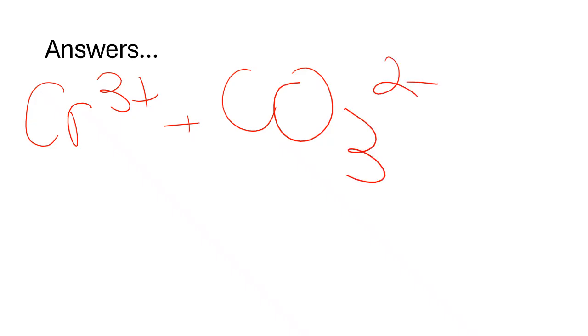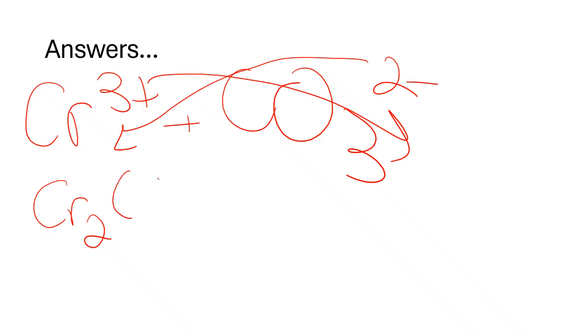This is pretty tough in the sense that these do not cancel each other out, so we need parentheses. This is going to be Cr2(CO3)3, because 3 carbonates, CO3 2- being carbonate, will be needed to cancel out 2 chromium.